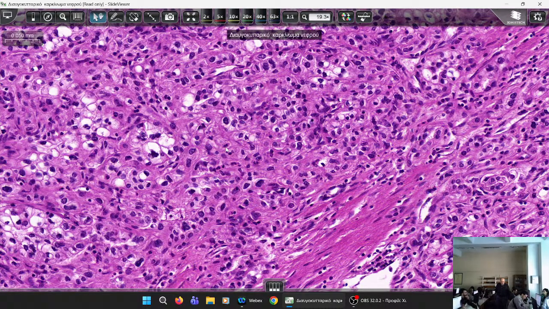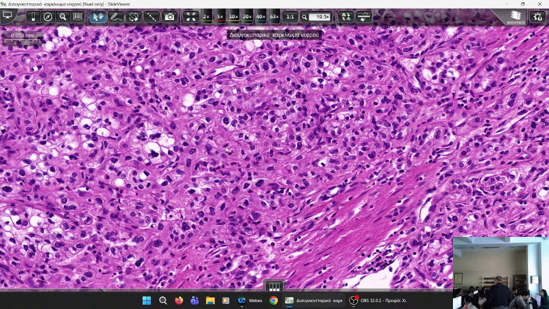And when this component of granular cells with eosinophilic cytoplasm predominates, we must tell the clinician, because if he gives immunotherapy in case of metastatic disease, then the results will not be so promising. This applies when the tumor consists of more than half of its cells with this granular appearance. However, the diagnosis does not change.